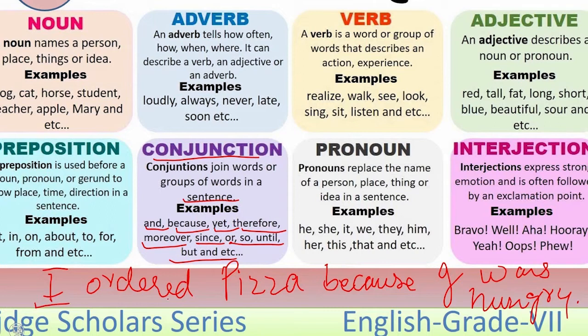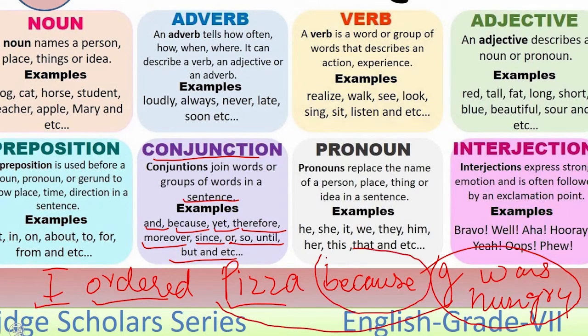Subject, verb and object: I ordered pizza. But here we have another simple sentence too. And we are joining these sentences together by adding a conjunction between them, because these two sentences are related to each other.